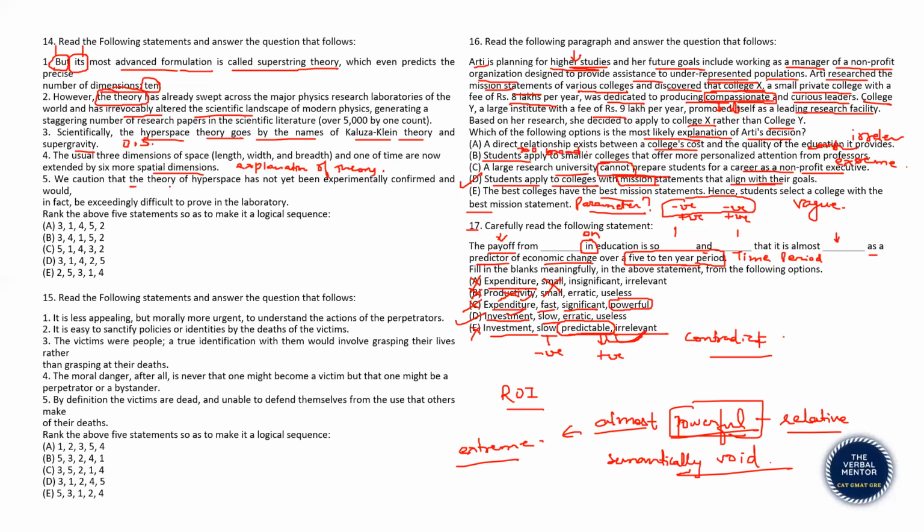We caution that the theory of hyperspace has not yet been experimentally confirmed and would in fact exceedingly be difficult to prove in the laboratory. All right, so the idea is introduced clearly by 3, which means not much of a help. Options A, B, and D remain.